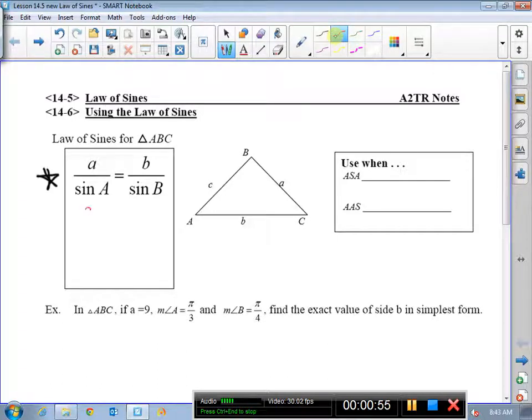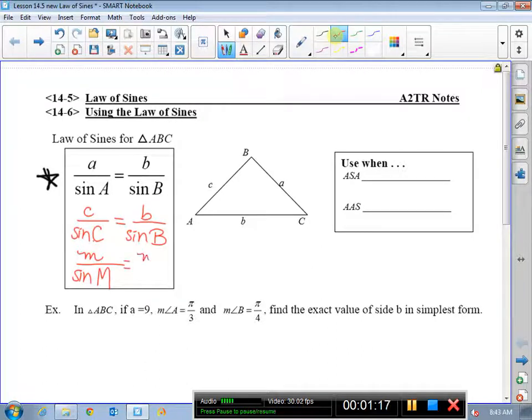We certainly could say side C, if we have that, is to the sine of C as any other side B maybe, over the sine of B. If your triangle has M's and N's and P's in it, then side M is to the sine of M, as side N is to the sine of N. So again, it doesn't matter what letters are in your triangle, this proportion will be true for every triangle.